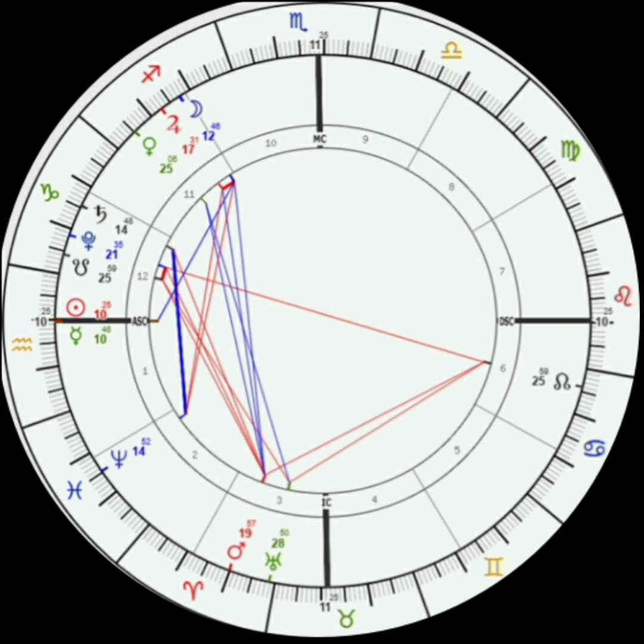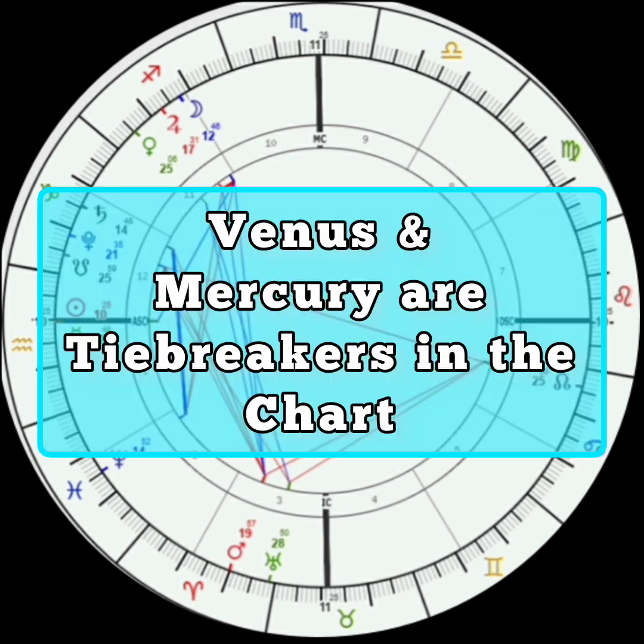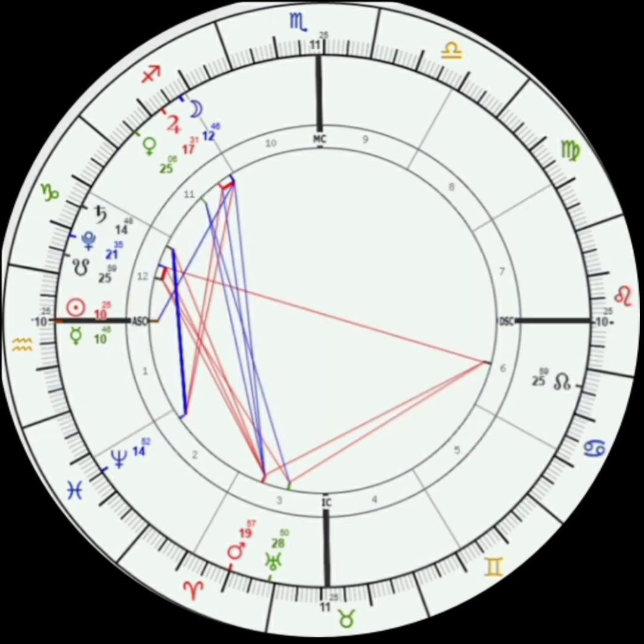Venus is a tiebreaker. They are neither a positive nor negative influence. They are tiebreakers of other transits to understand how the price trend is going to be, how the trend of the coin is going to go, the longevity of the coin. So let's just keep that in mind.